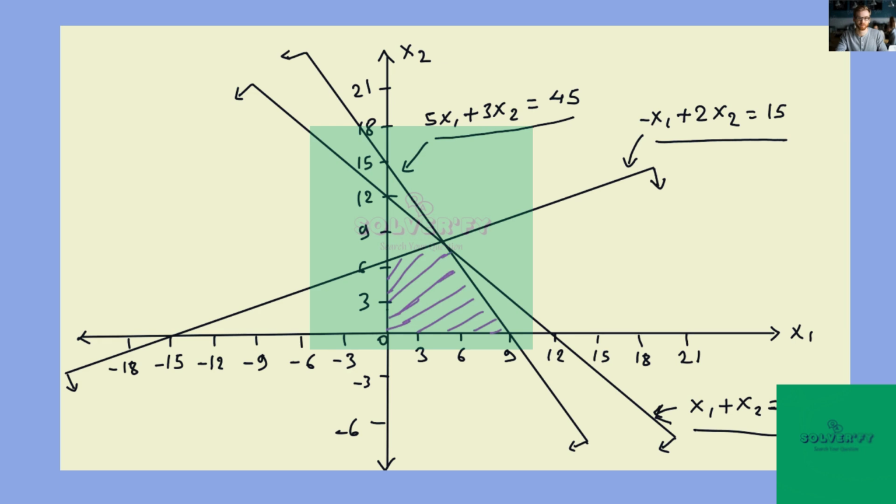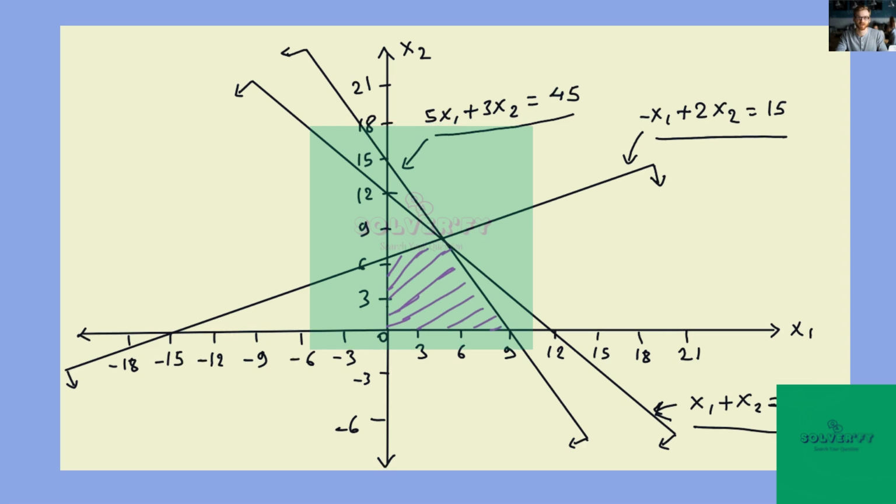So we have to find at which point we have the maximum value inside this feasible region. Here we can see that at this point three lines are intersecting. So let's draw a bigger version of this portion to visualize it clearly.